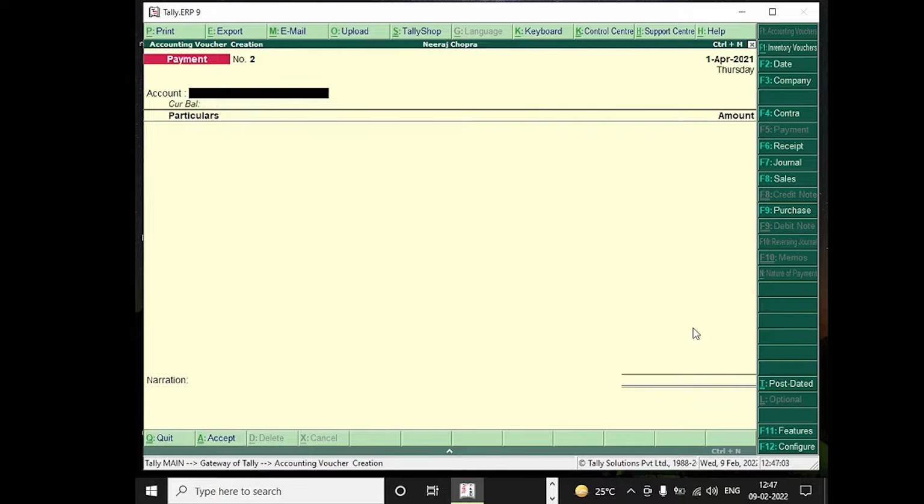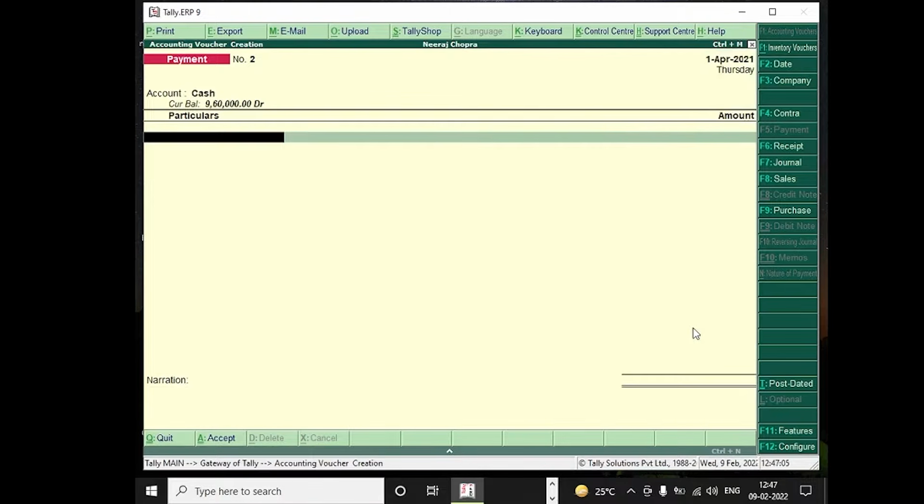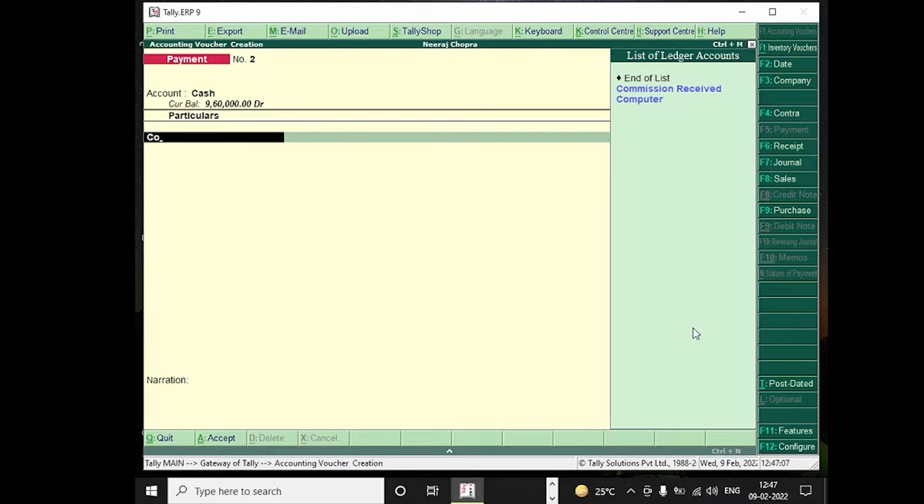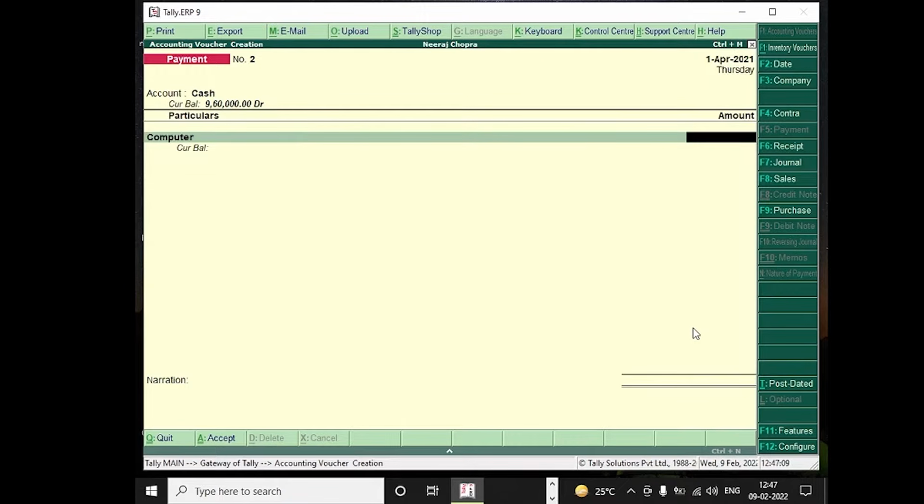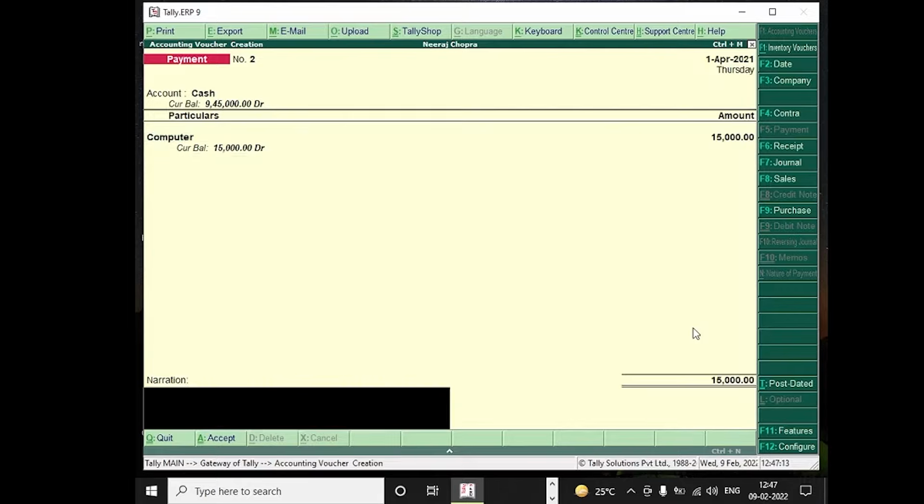Next, computer purchased. Select cash, computer, amount 15,000. So narration, being computer purchased.